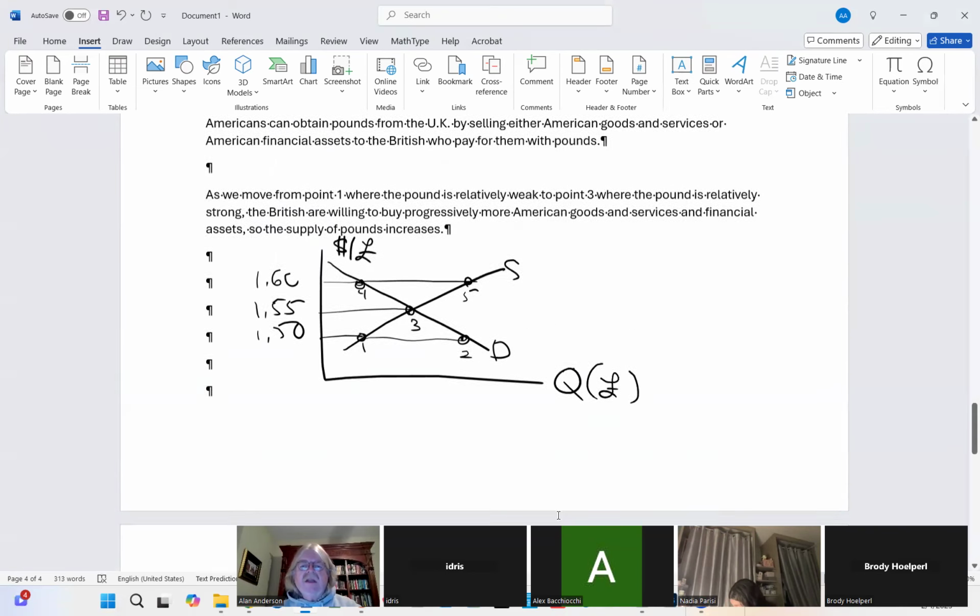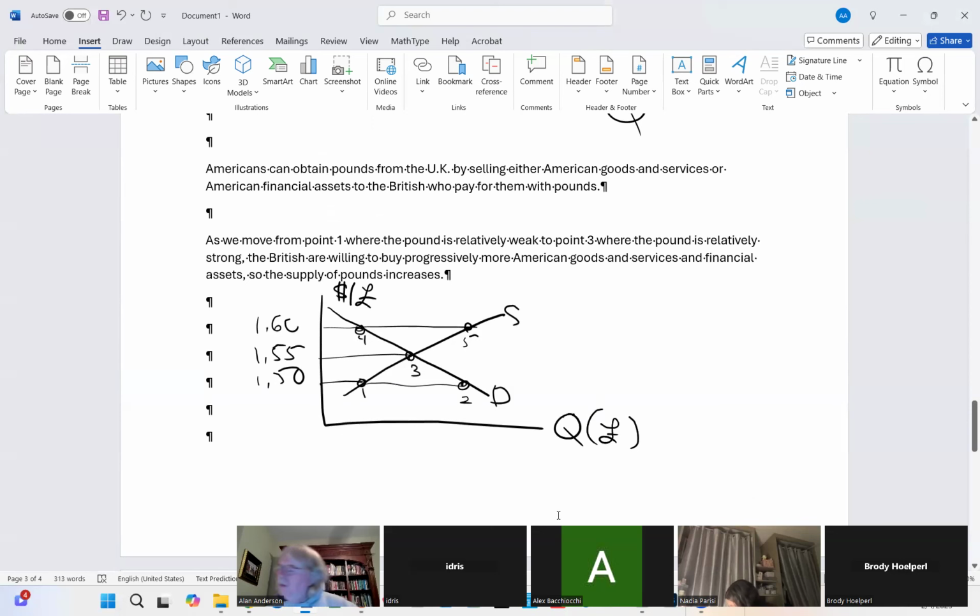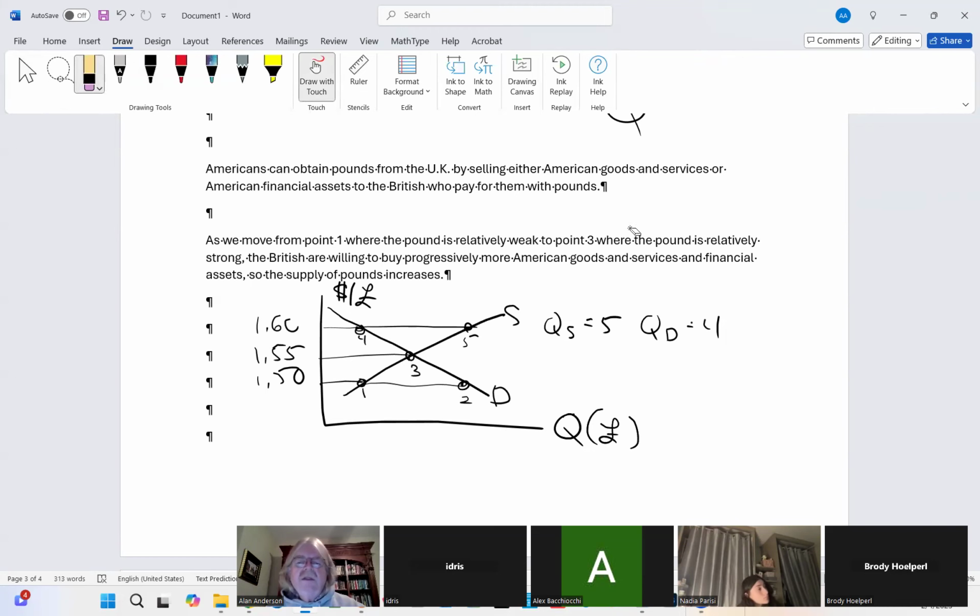You see at $1.60, the quantity supplied is 0.5, the quantity demanded is 0.4. Actually, let me put in some actual numbers here for a second.